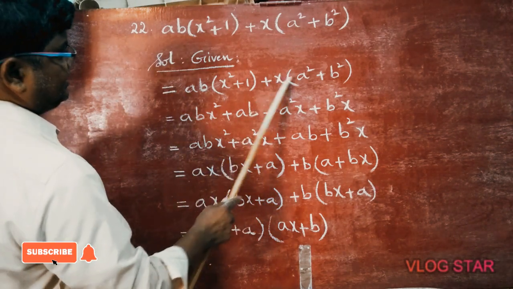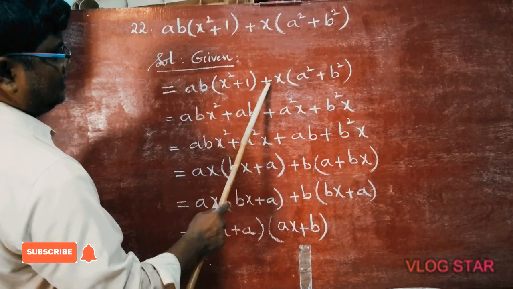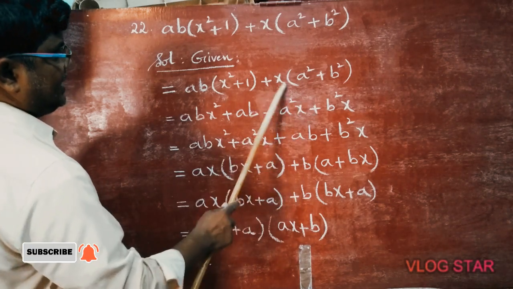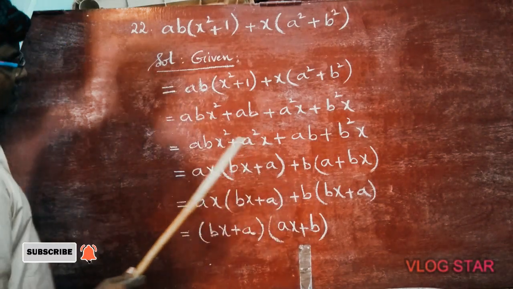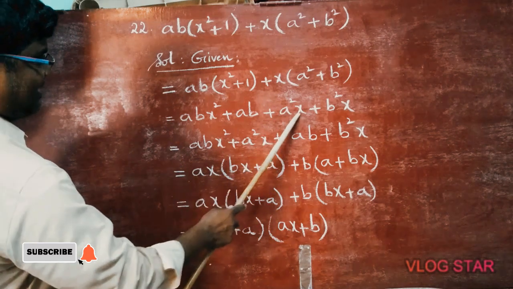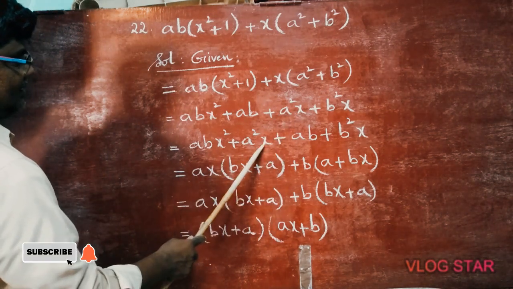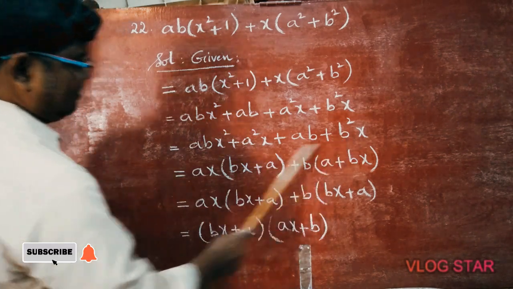Next, plus into plus, x into a square is a square x. Again plus into plus, x into b square is b square x. Now combine. ab x square plus a square x you write side by side. Next, plus ab plus b square x.